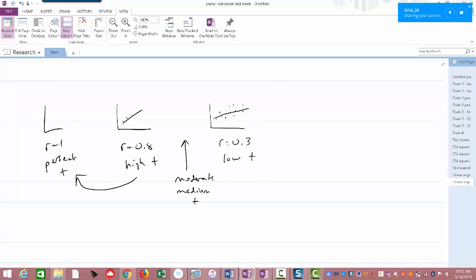Probably our 0.4 we're still calling low, but our 0.5, 0.6, 0.7 we're probably calling a moderate or medium correlation, anything below 0.8. It's not an exact cutoff. It's a range with some judgments in it.